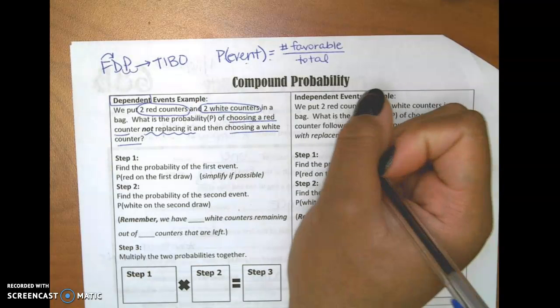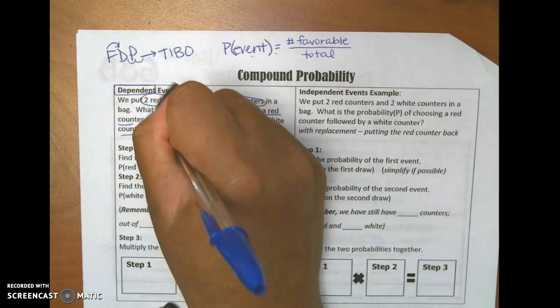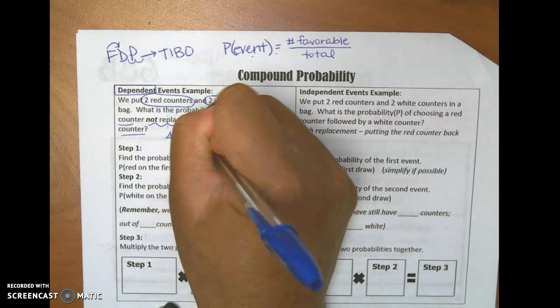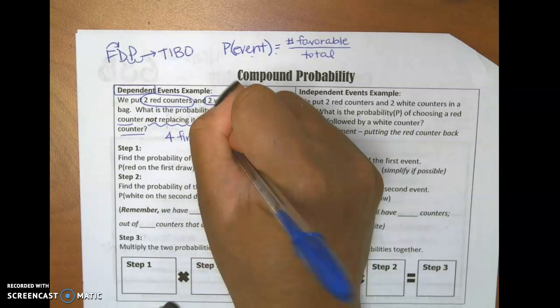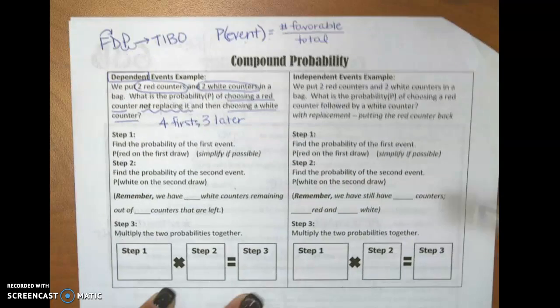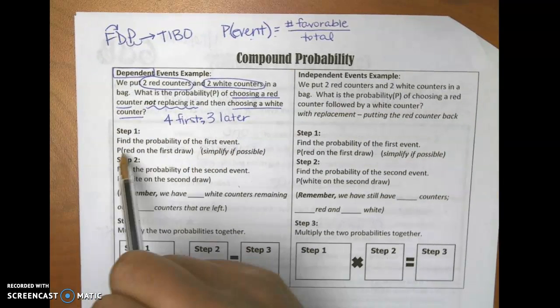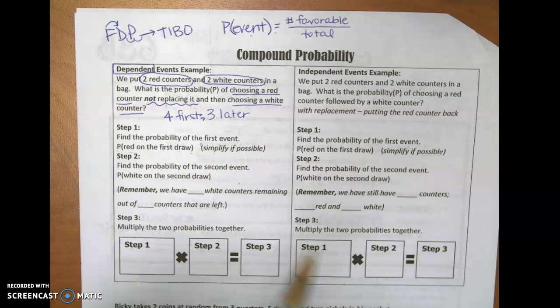Now, how many counters do I start with? 4. 4 first. And then if I take 1 out, how many will I have next? 3. 3 later. Okay? Keep that in mind. So the first step, find the probability of the first event. Probability of red on the first draw and simplify if possible.